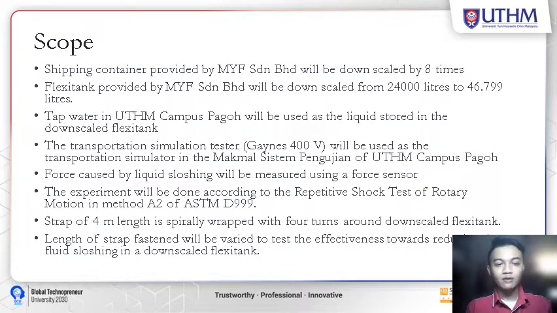The strap of 4-meter length is spirally wrapped with 4 turns around the downscale flexi tank, and last but not least, the length of strap fastened will be varied to test the effectiveness towards reducing the fluid sloshing in a downscale flexi tank.